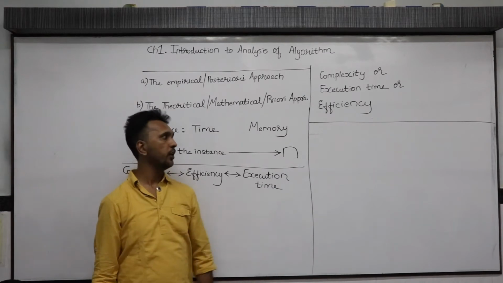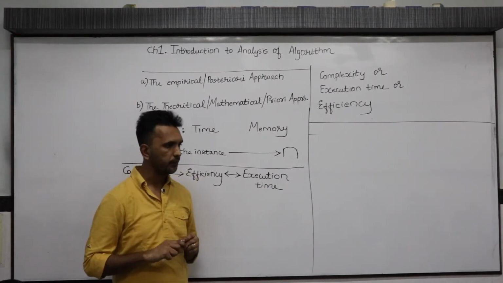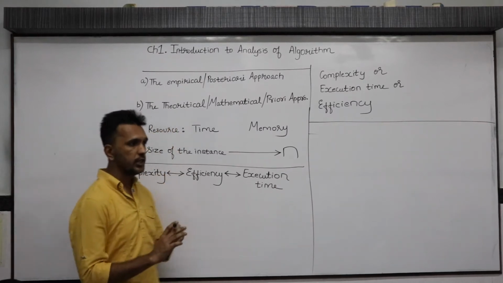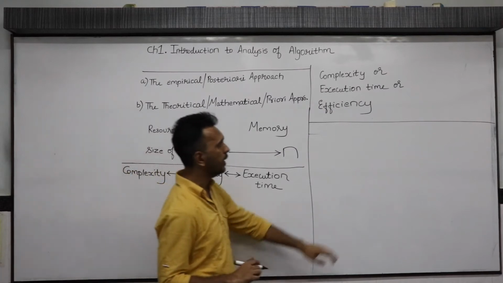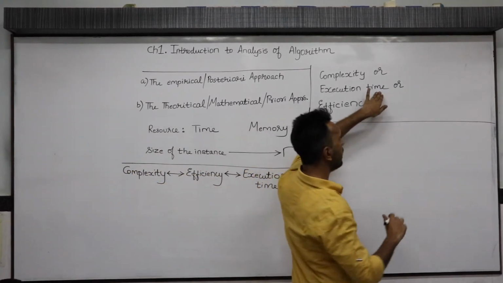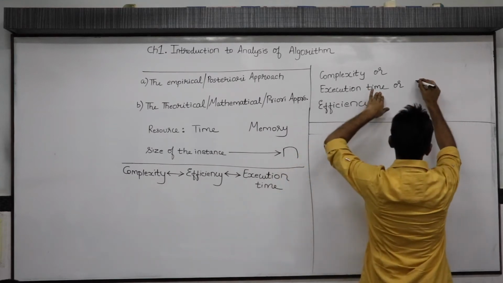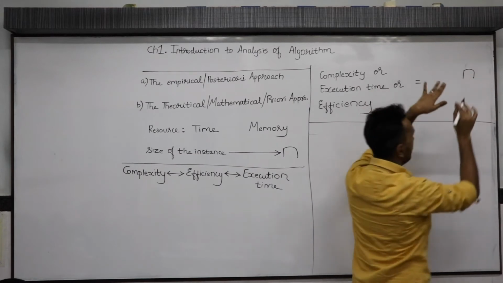Now listen to me very carefully. Slowly, we are moving towards an important topic. Now what that definition says is that this approach mathematically determines the quantity of time required by each algorithm as a function of n.